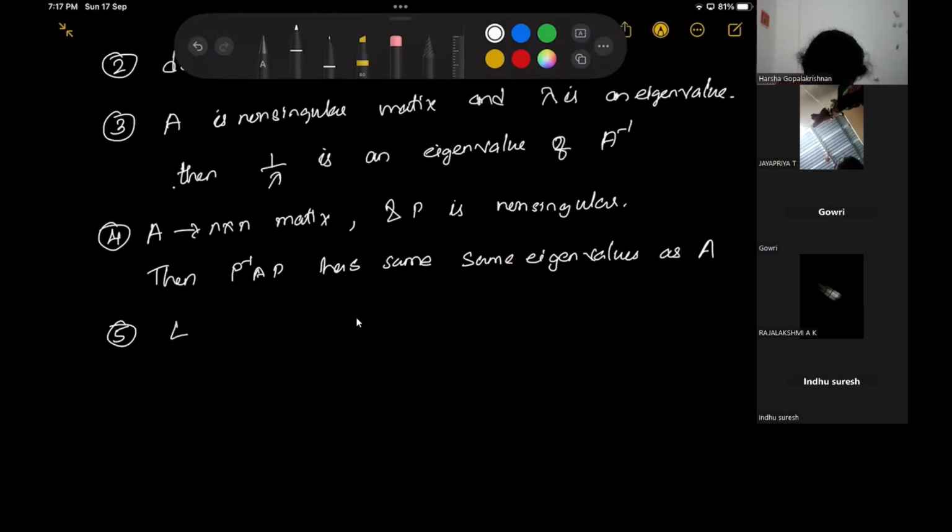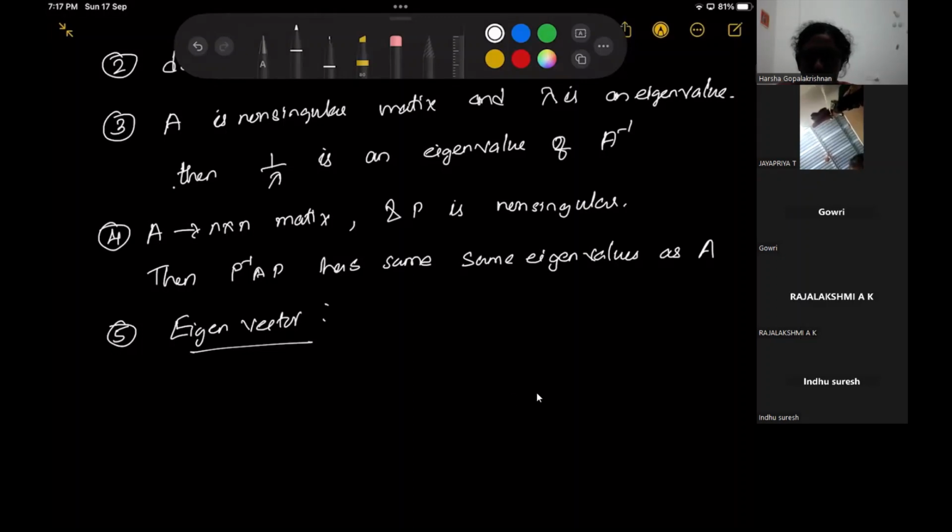Now, what is an eigenvector? Can anyone say what is an eigenvector? A non-zero vector that satisfies the equation Ax equal to lambda x. Correct, where A is the square matrix.